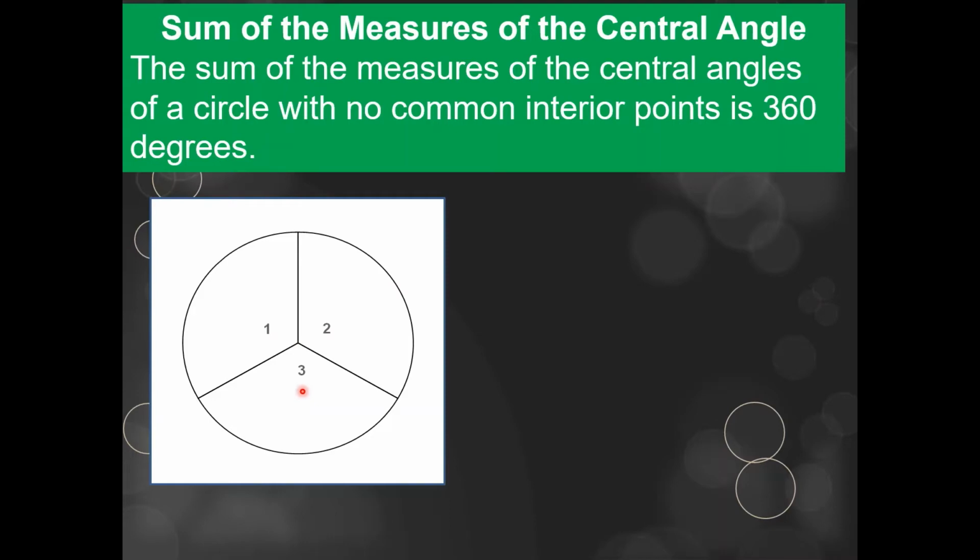These three angles are adjacent at saka they compose the circle. So kapag kinuha mo yung sum ng measurement ng angle 1 plus angle 2 plus angle 3, it should be equal to 360 degrees.